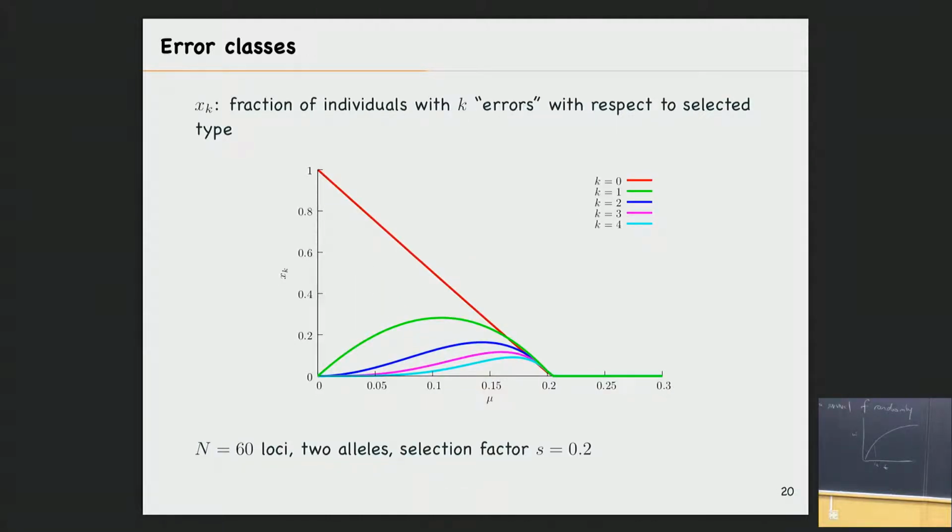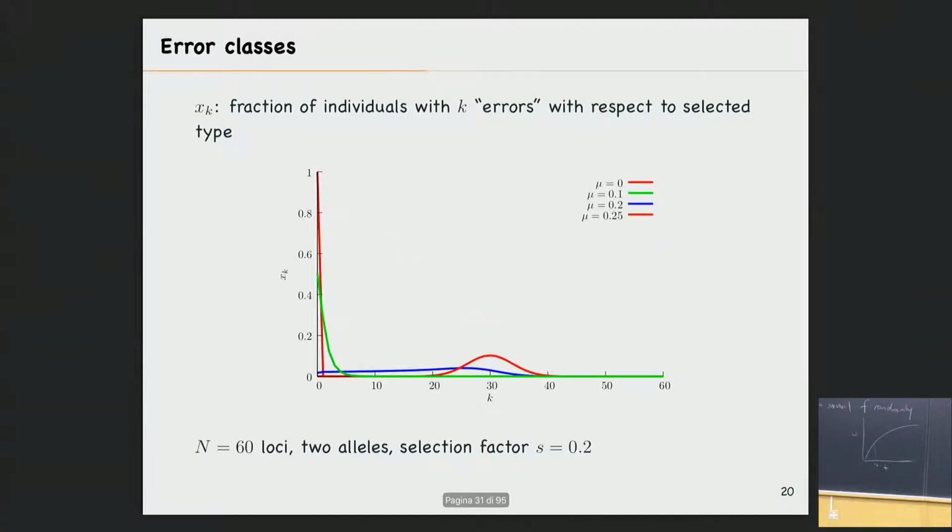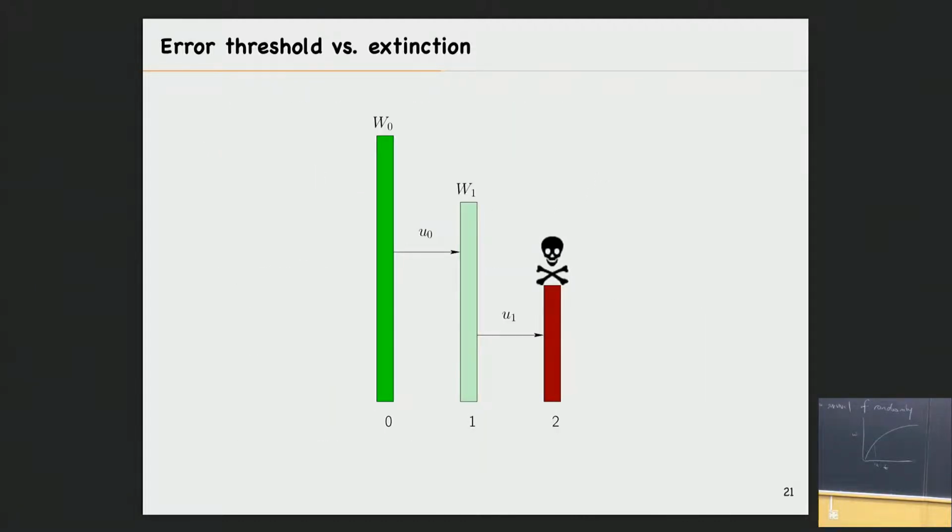And in fact, you can look at the frequency of individuals in different classes. There is, say, lingering confusion about the error threshold. In the error threshold, we are considering a population of a given size, which is actually infinite size.